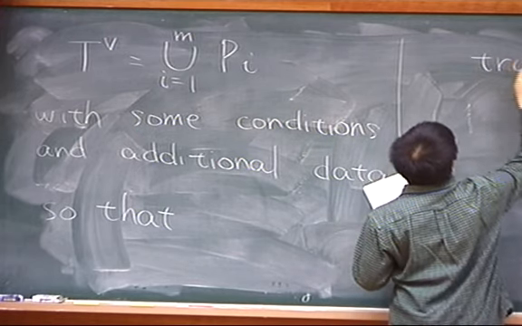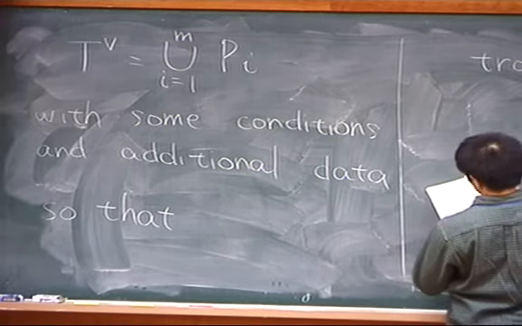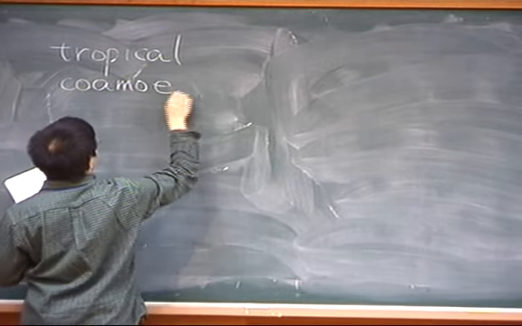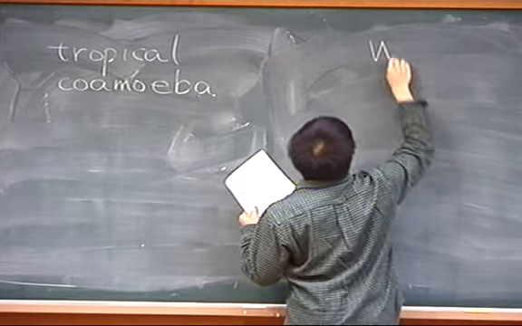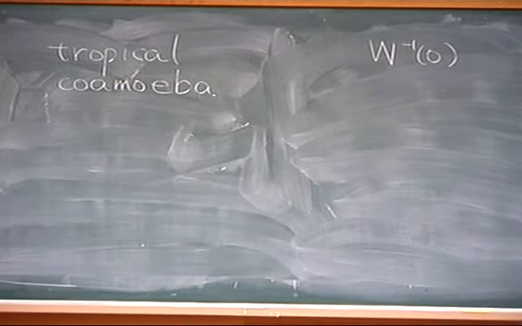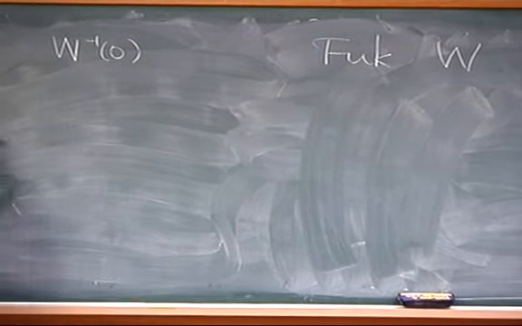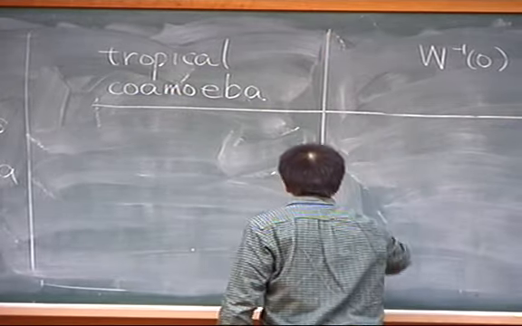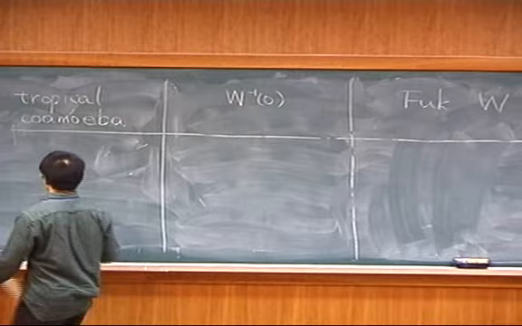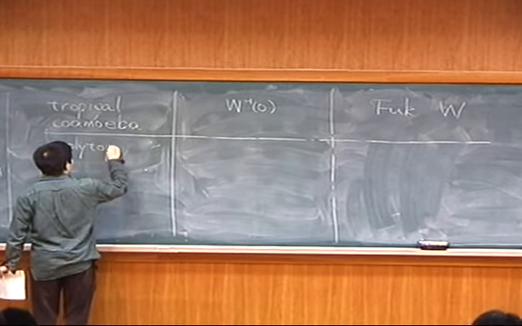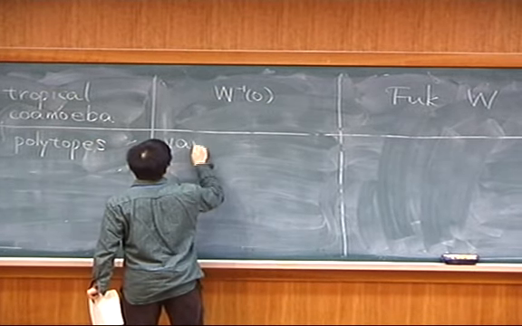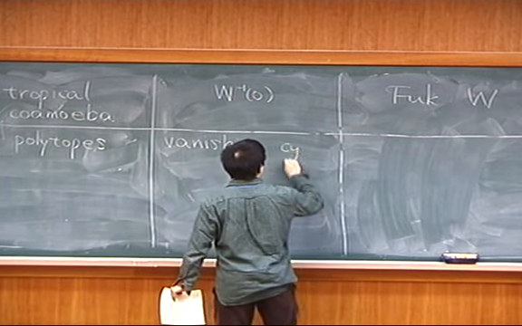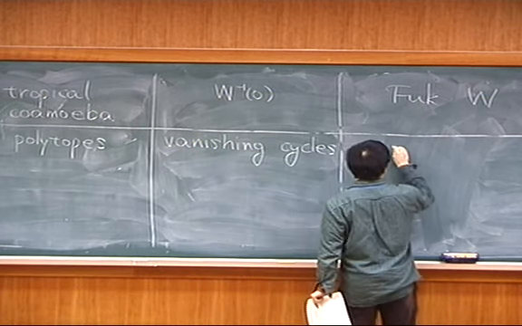So we write a dictionary here. Each polytope corresponds to a vanishing cycle, and it corresponds to the object.